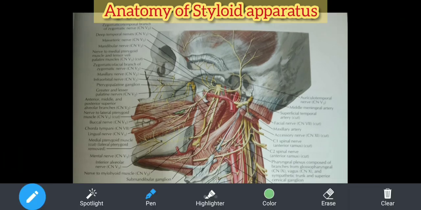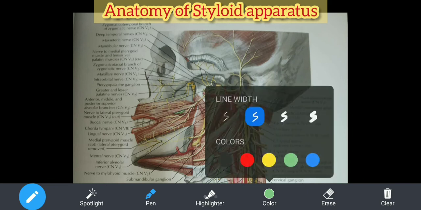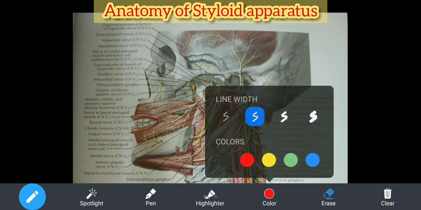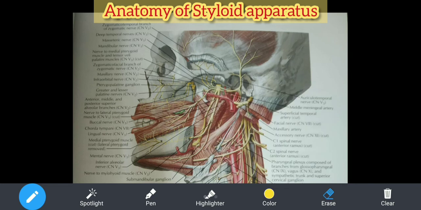We want to see the external carotid artery. Right? Now, if you see this, I am using the yellow color. If you see this artery, this is the common carotid, this is the external carotid, and this is the internal carotid.